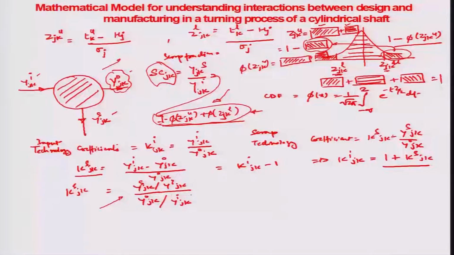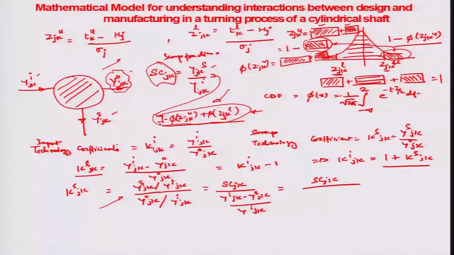So, let us calculate this in a little better manner. This happens to be S c j k, which is actually y s by y I from the last step, and this again could be recorded as y I j k minus y s j k. Obviously, input minus scrap is the output, per unit of the input material.